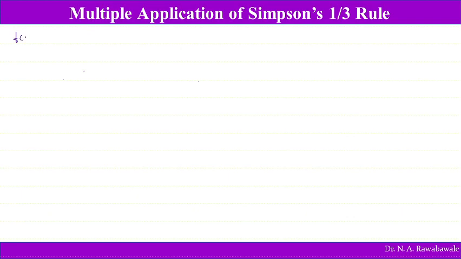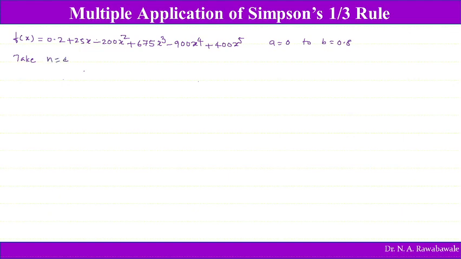Let us consider the function f of x equal to 0.2 plus 25x minus 200x squared plus 675x to the power of 3 minus 900x to the power of 4 plus 400x to the power of 5, between the limits of integration a equal to 0 to b equal to 0.8, and take 4 segments, that is n equal to 4 with step size h equal to 0.2.